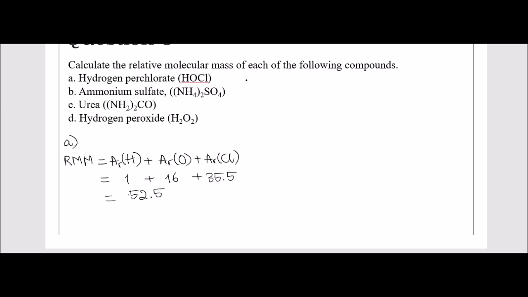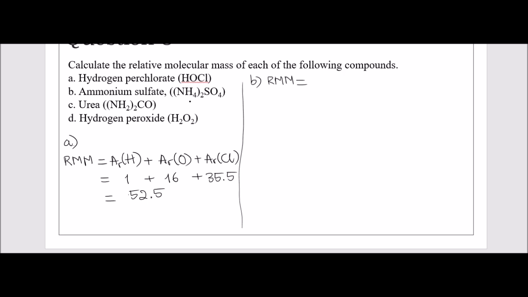Now, with the next part, part B, we have ammonium sulfate. So I'm going to do the same thing, the relative molecular mass. Once again, I do apologize for the inconsistency in symbols. I will be more consistent later.